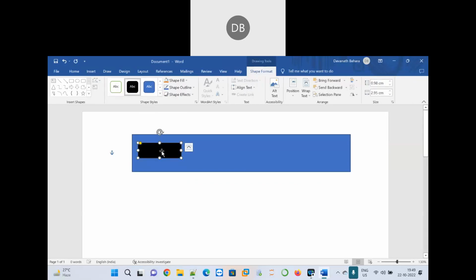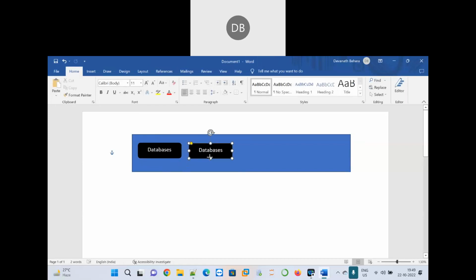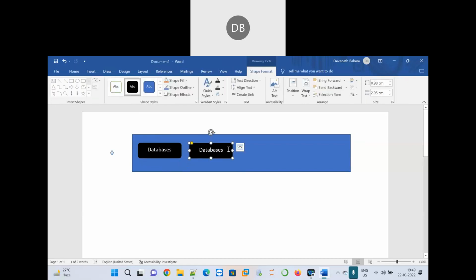Let's see. This one is databases. Another one is log file. Another one is, let's say, transactional data.